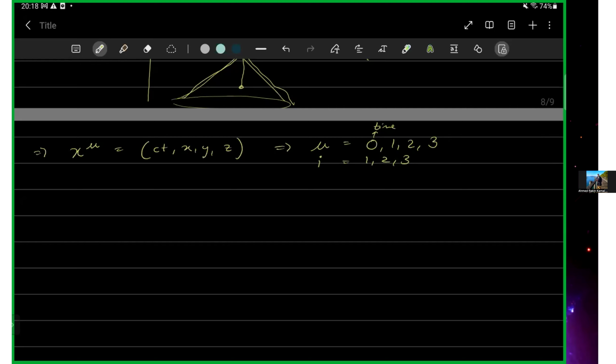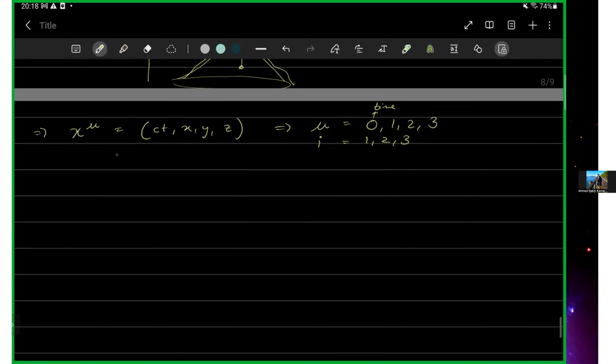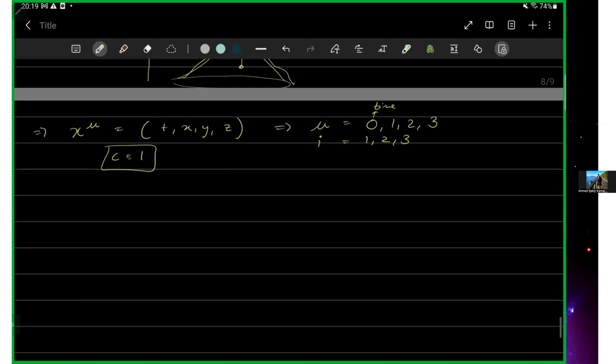Now, to make the symmetry between time and space more manifest, let's equate c equal to 1. Using natural units, you can basically visualize the symmetry between time and space more accurately, because if I put c equal to 1, then they're all on the same footing, right?